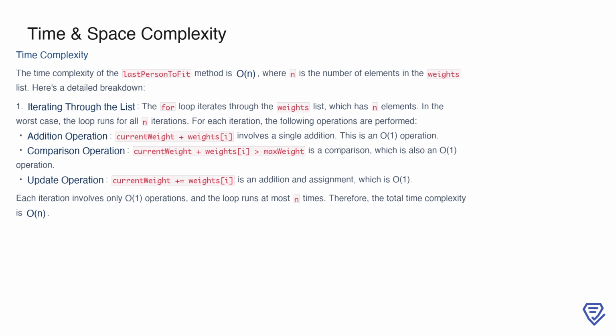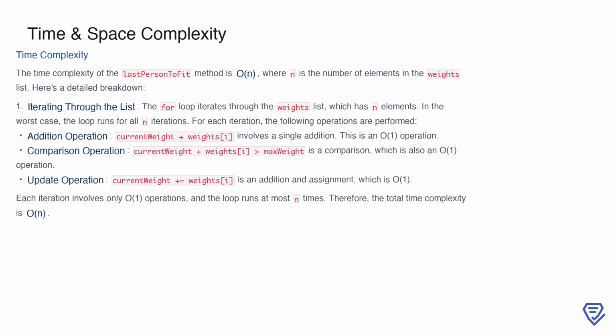The time complexity of the last person to fit method is O(n), where n represents the number of elements in the weights list. Let's break this down step by step. First, the for loop iterates through the entire weights list, meaning it can run up to n times in the worst case. During each iteration, 3 operations are performed. The addition operation, current weight plus weights[i], computes the potential new total weight, and this is an O(1) operation.